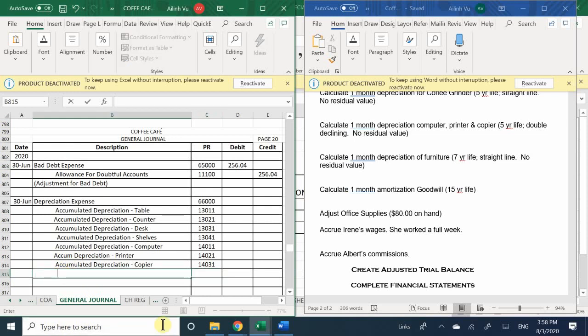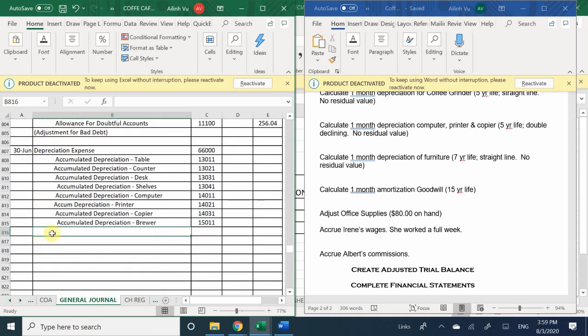Brewer. Accumulated depreciation brewer. That'll be 15011. Oh, wait a minute, hold up. Grinder. Accumulated depreciation grinder, 15021.